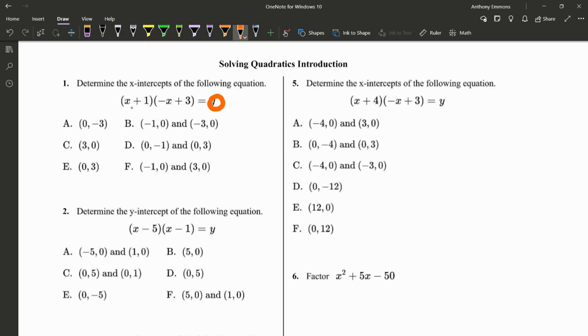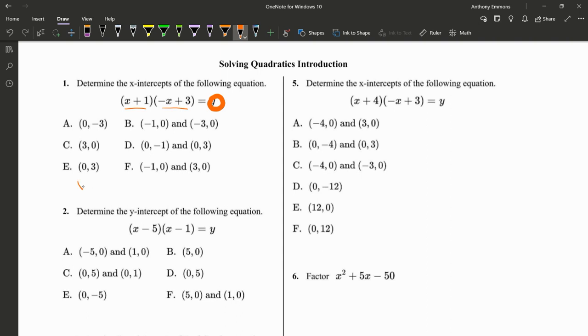In this case, it's x plus 1, that's one factor, and then the opposite of x, or negative x, plus 3. That's our other factor. We've multiplied those two factors together to get 0. So either x plus 1 is equal to 0, or the opposite of x plus 3 is equal to 0, or both.